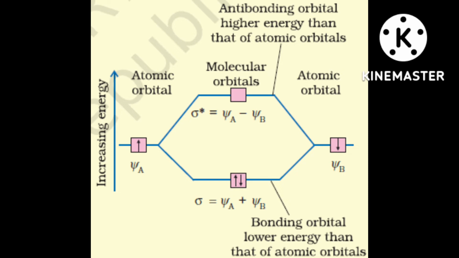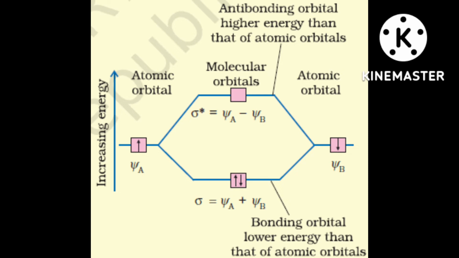Between nucleus A and nucleus B there will be too much repulsion, and it will be unstable. But if the electron is in between the two, then that repulsion will decrease, and this electron will bind to the nucleus.